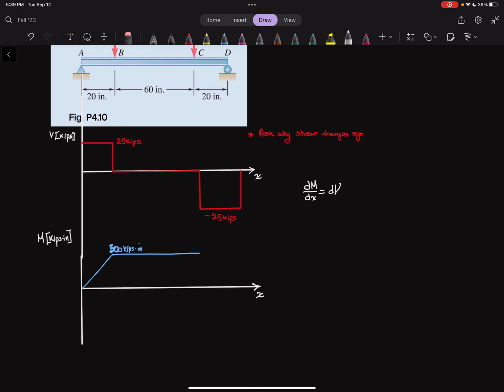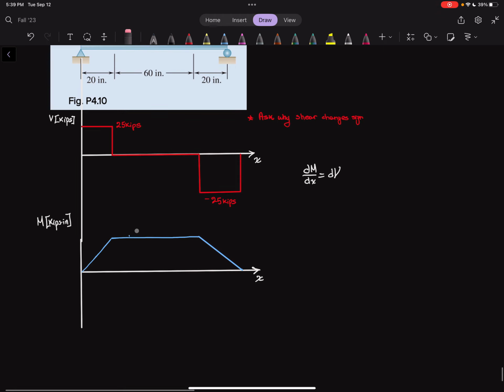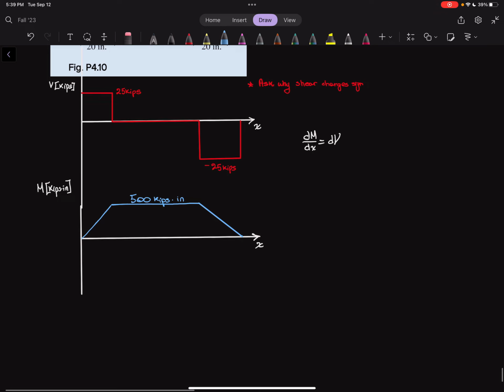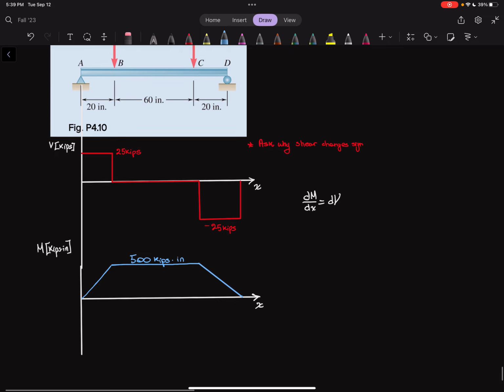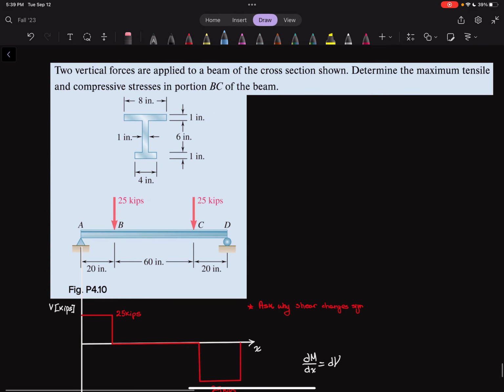It stays at 500 kip-inches, and then it goes back down to 0 because this is symmetric. So here we're going to get to this point right here. Let me do it nicely, just like that. And so that's going to be 500 kip-inches right here.